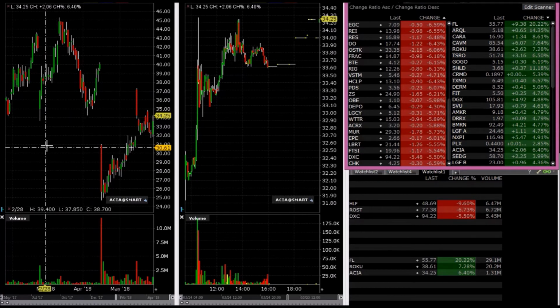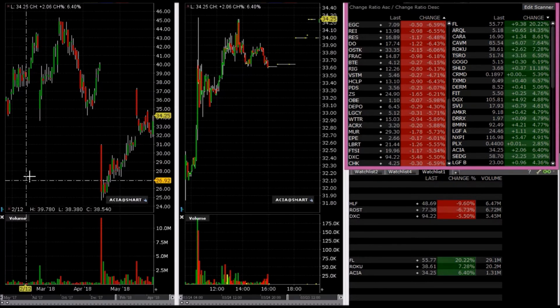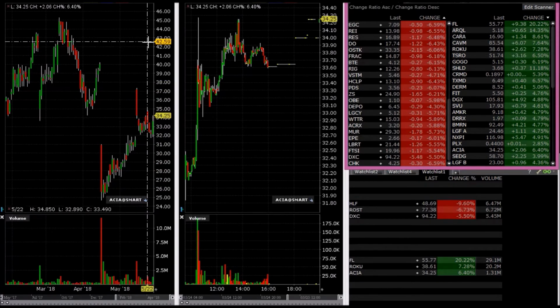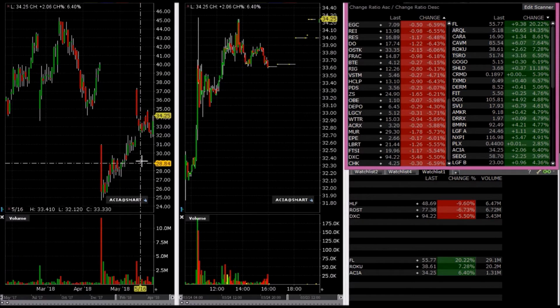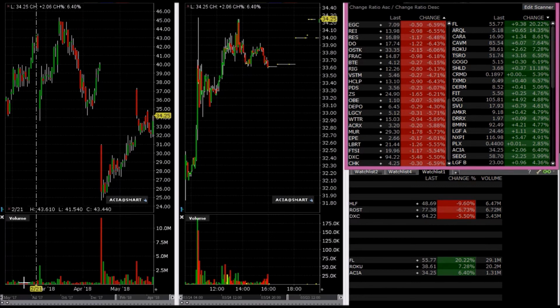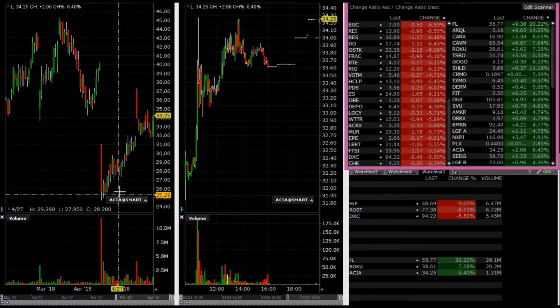I prefer to go long a stock that's completely uptrending. But sometimes you can't pick and choose. Sometimes you got to look at what's moving in the pre-market. So I look at the volume in the morning on the daily here, and it's a stock that usually trades over 1 million shares, so that's good. So this one's uptrending today.